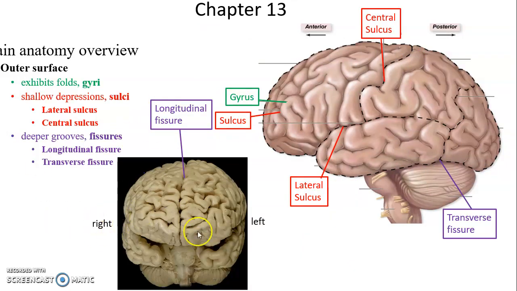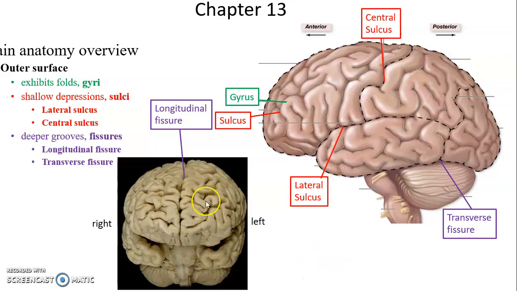Here, with this anterior view of a brain, we can see the right and left hemispheres of the cerebrum. And we see that the hemispheres of the cerebrum are separated by a space called the longitudinal fissure. You can also see that the cerebrum is extremely folded, as it were.